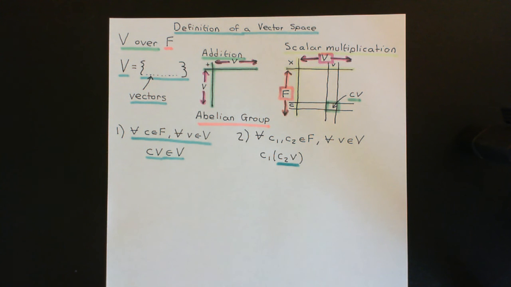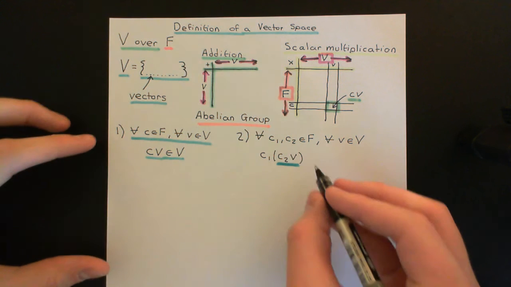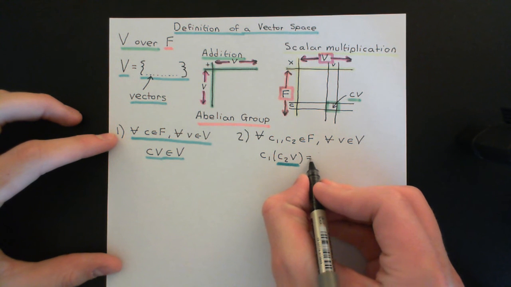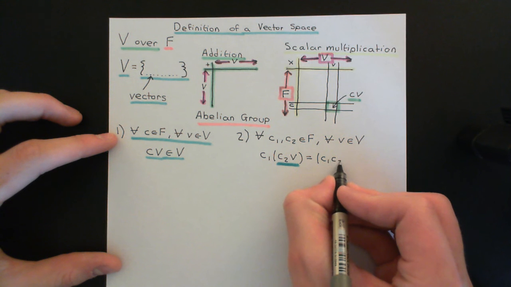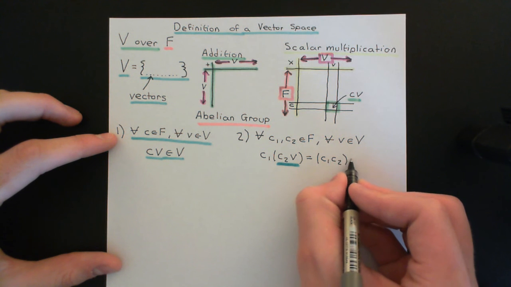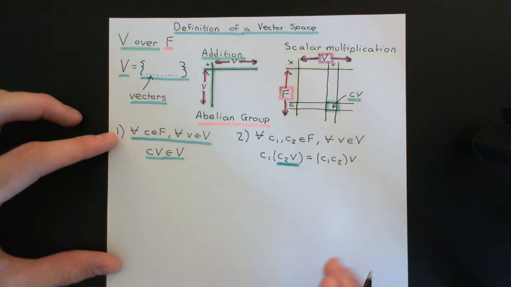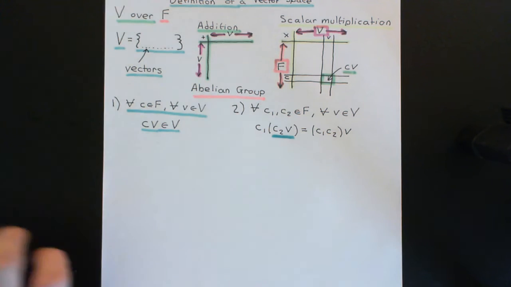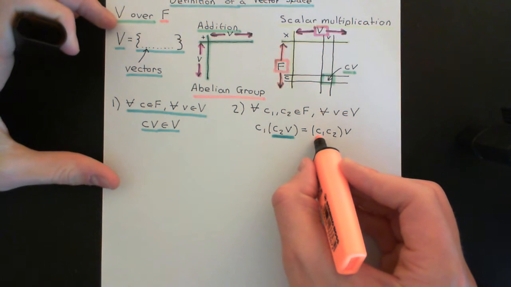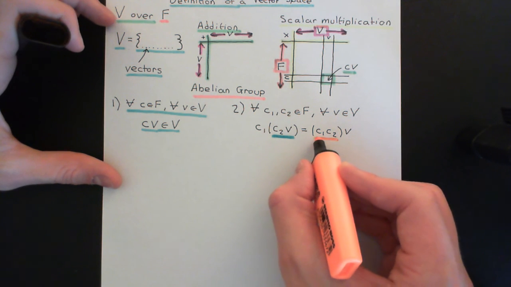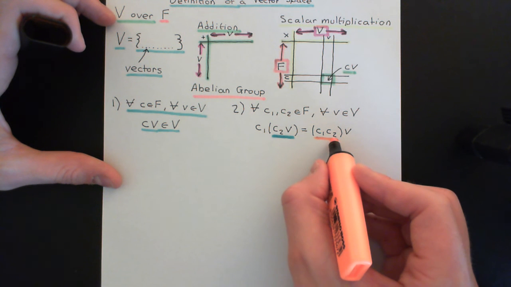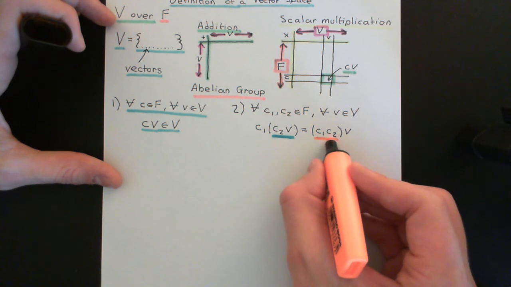Right, so axiom number 2 is going to say that this must be the same as if we firstly compose under multiplication c1 and c2 together and then scalar multiply that by the vector v. On the right hand side here, what this means is we are firstly multiplying c1 and c2 together in the field.